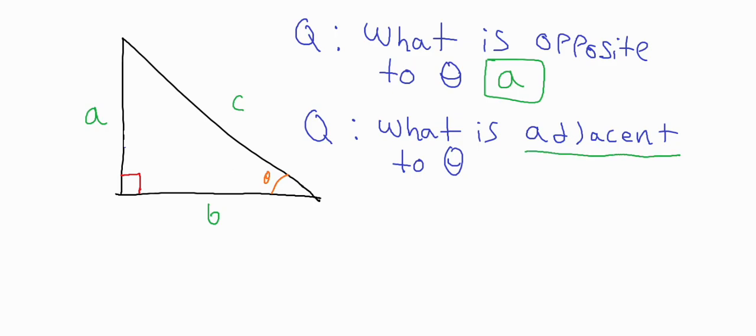Adjacent literally just means next to. So, what is next to theta? Well, we can again draw an arrow. We can see here that B is next to theta, so we can say B. Because if adjacent means next to, then isn't B next to theta? Isn't it?